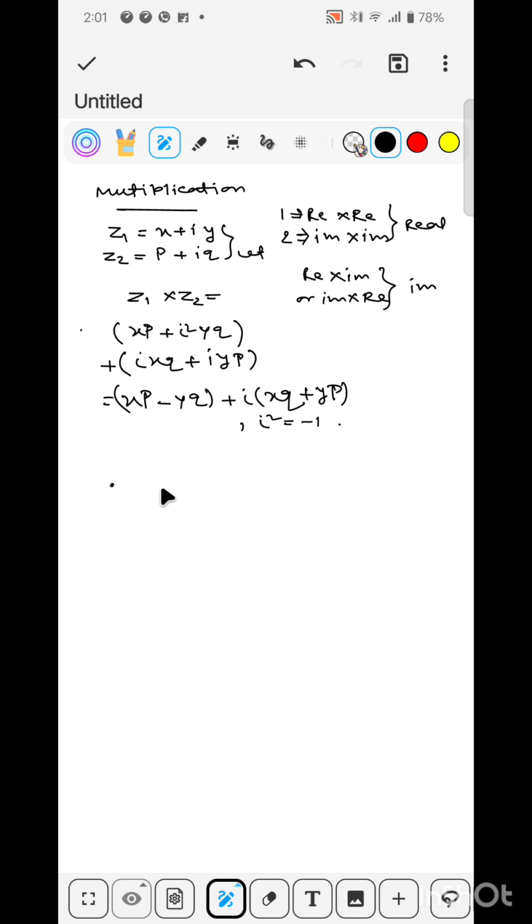Now we learn about properties of sum of complex numbers. Addition.